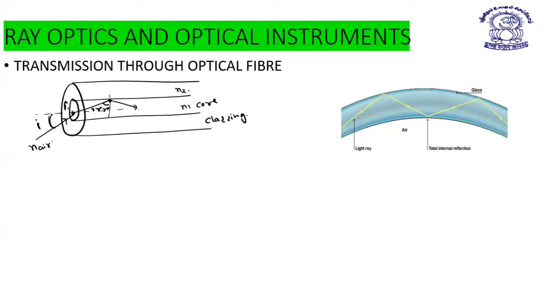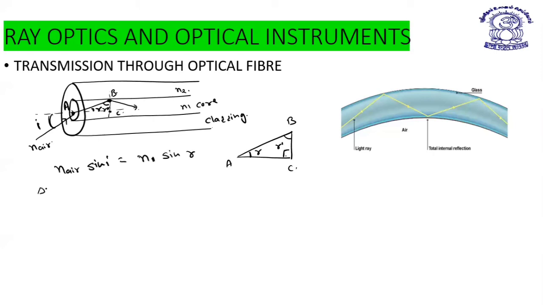First, we will apply Snell's law at point A, where light is traveling from air to core. So, refractive index of air into sin I is equal to refractive index of core into sin of angle of refraction R. Now, let's say this point is B and this point is C. Angle A is R, angle B is R dash, and angle C is 90.